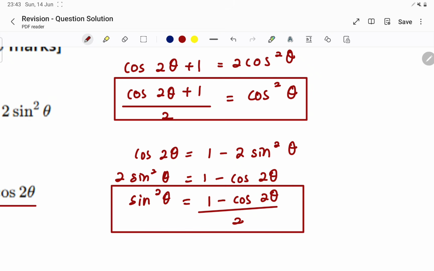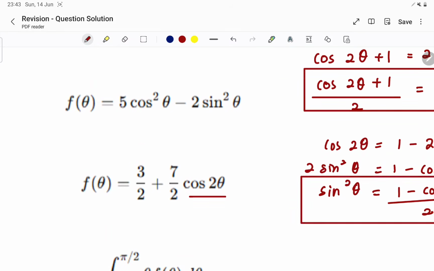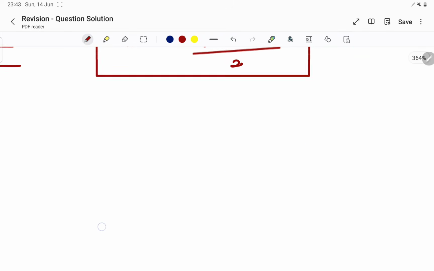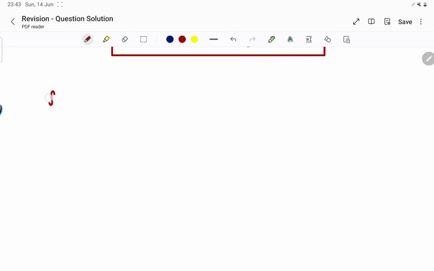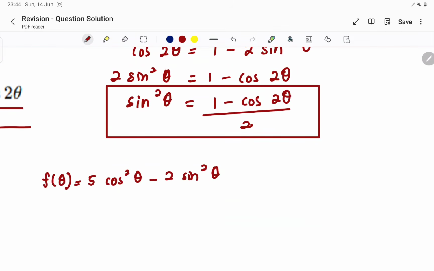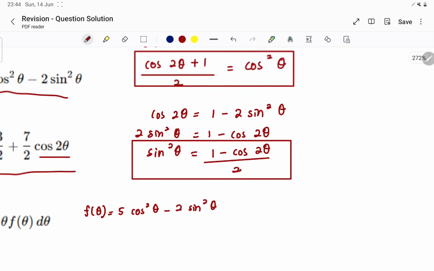Okay, so next they ask us to show that this function is equal to this. From here we have f(θ) equal to 5 cos²θ minus 2 sin²θ, which we already have both values from just now, so you substitute them inside.